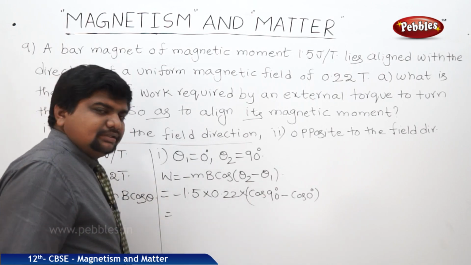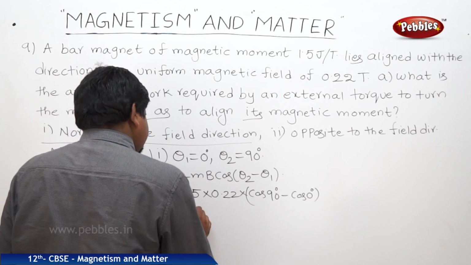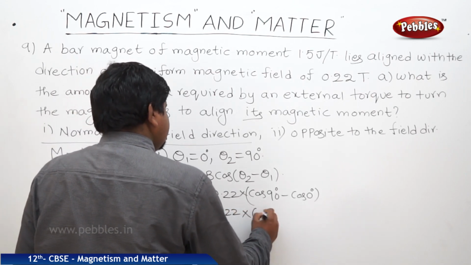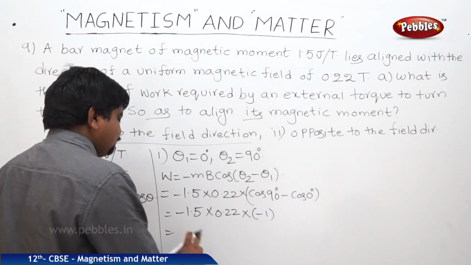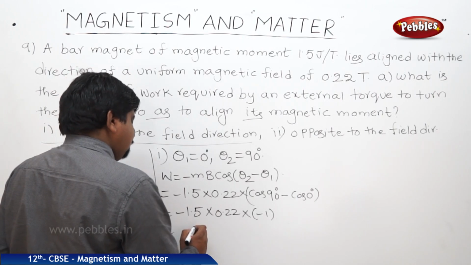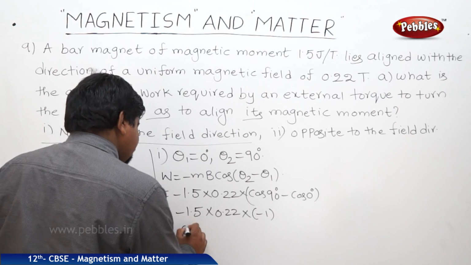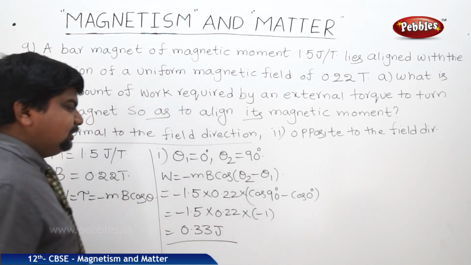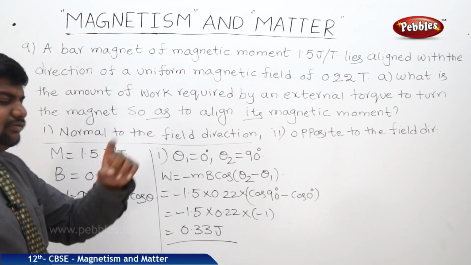Cos 90 is 0, so 0 minus 1. So minus 1.5 into 0.22 into minus 1. Minus and minus will become plus. 15 times 22 is 330, so here it is 0.33 joules. This is the work done to align the magnetic moment normal to the field direction.